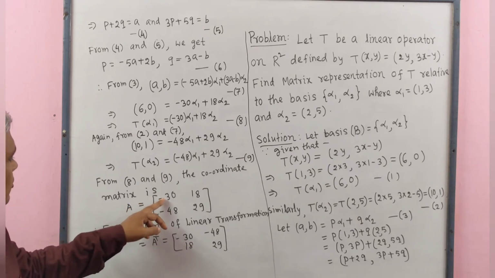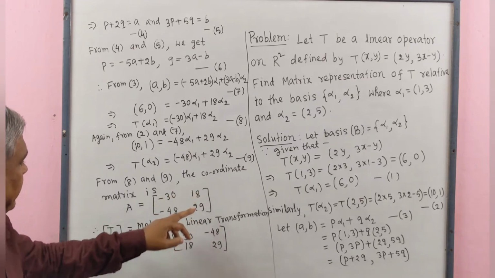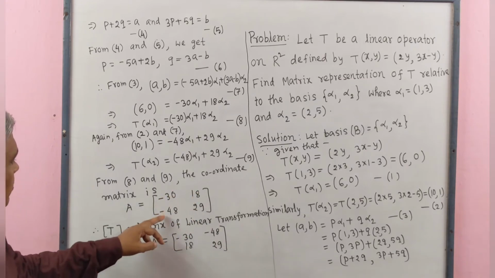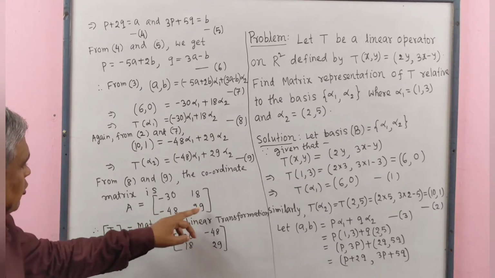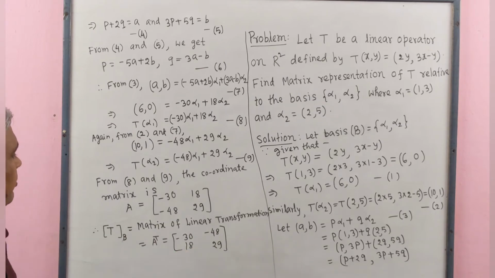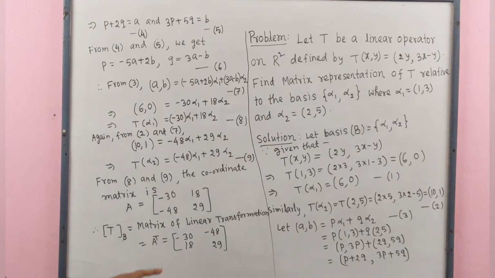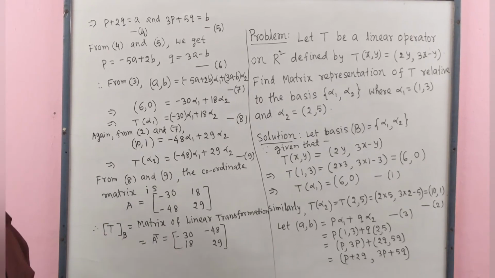That means this row becomes column, minus 30 and 18 becomes first column, minus 48, 29 becomes second column, and this is the required matrix of the linear transformation with respect to basis B.